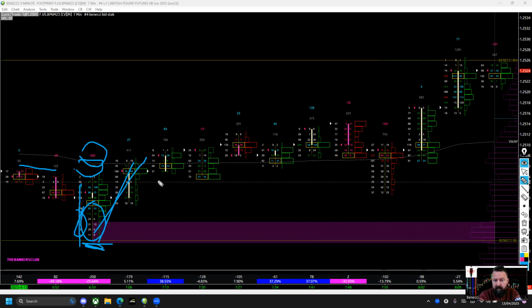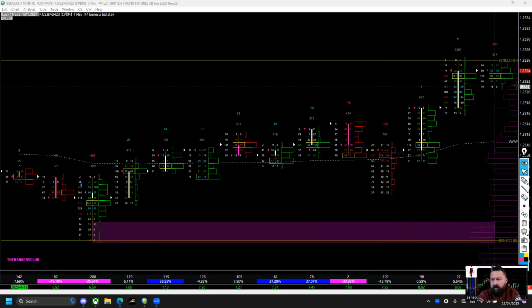That was no doubt probably some sort of VWAP execution because it's just below VWAP. So it might have been on the minus 1 standard deviation around about there. So that's what the footprint looked like.